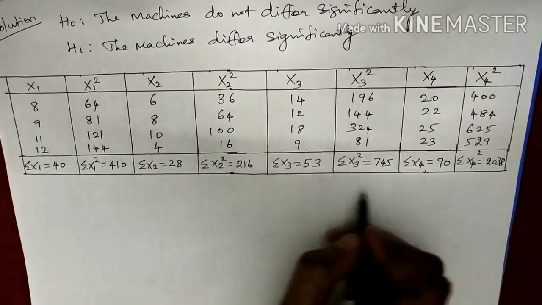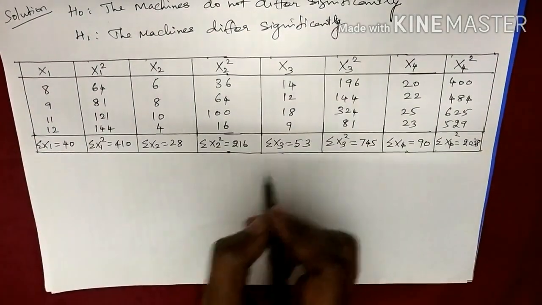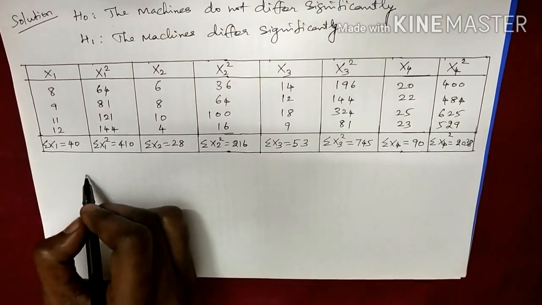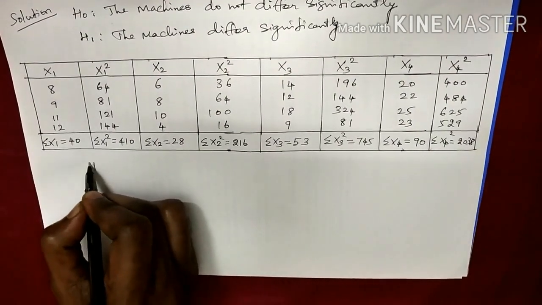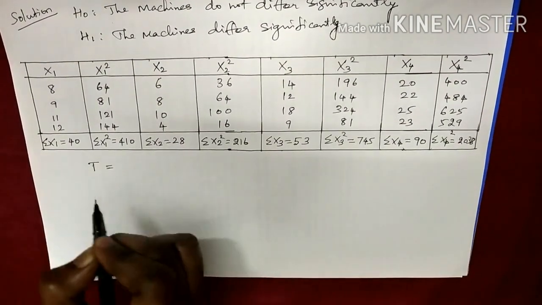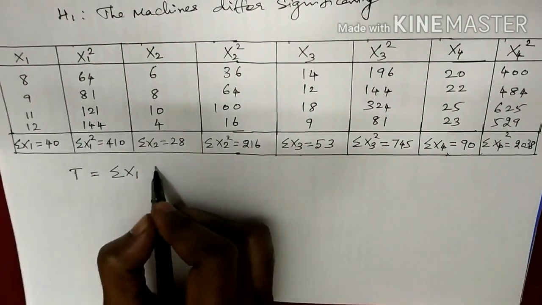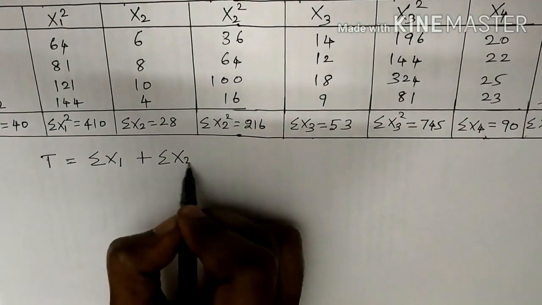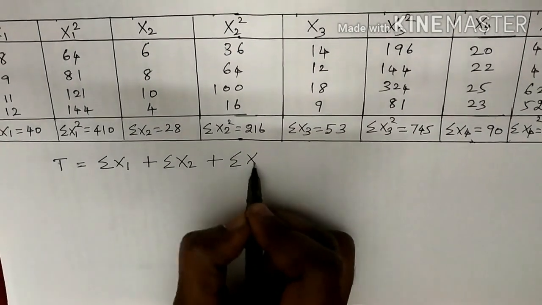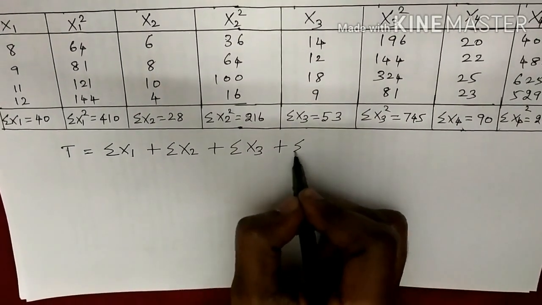Now after finding the values in the table, we are going to find out T. T is total. T formula is summation of x1 plus summation x2 plus summation x3 and plus summation x4.